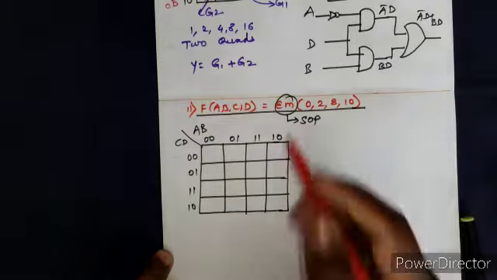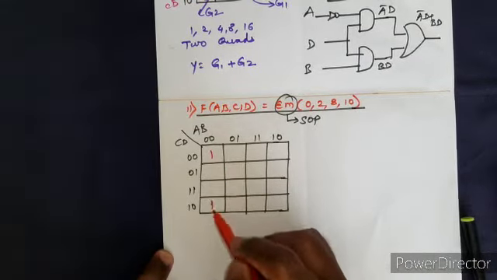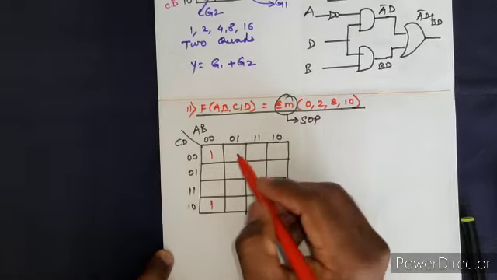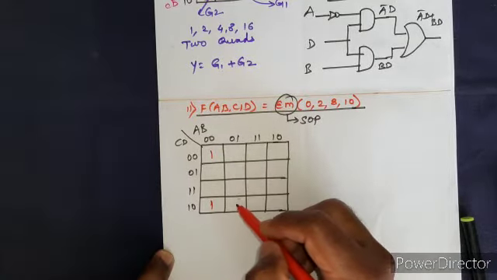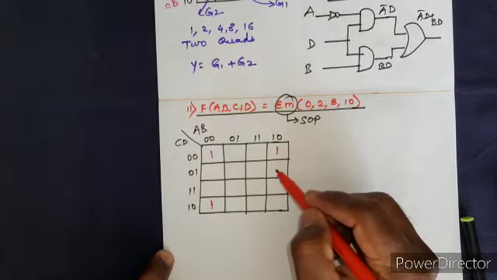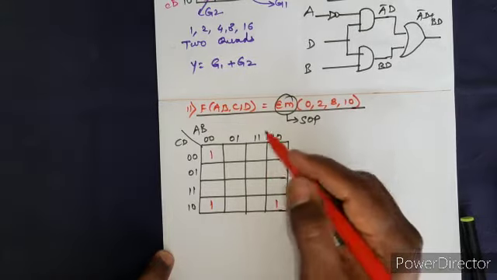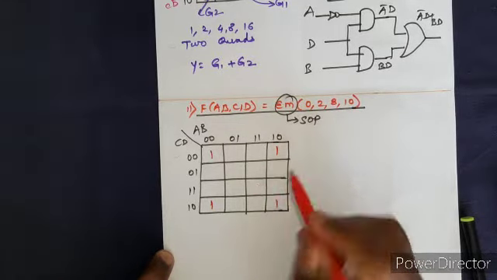Okay, so it is 0, 1, 2, 3, right? 4, 5, 6, 7, 8, 9, 10, 11. And we don't have anything here, 12, 13, 14, 15.